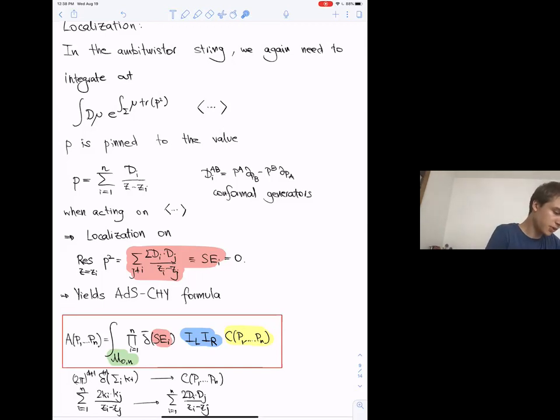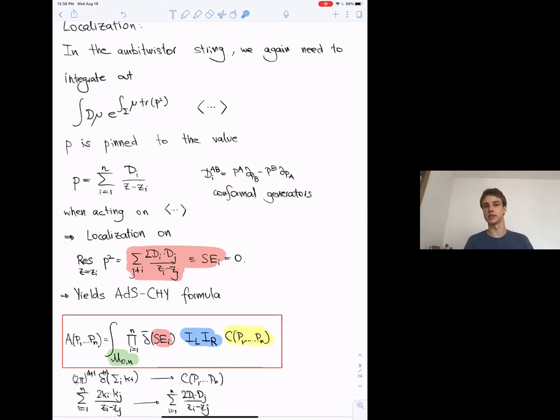And as before, p is pinned to a particular value, and that particular value you can write as so. However, it's a bit more subtle than before. What appears here instead of the momenta are the conformal generators, that in embedding space you can just write like that, p alpha. That's just a combination. And so you should understand that as being the value that p takes, but acting on the correlator here.